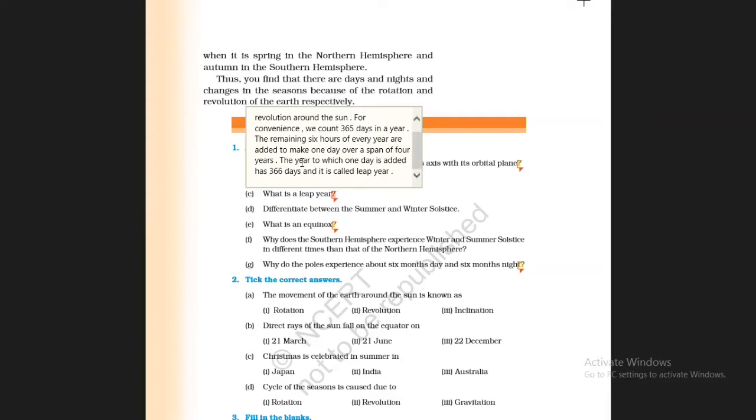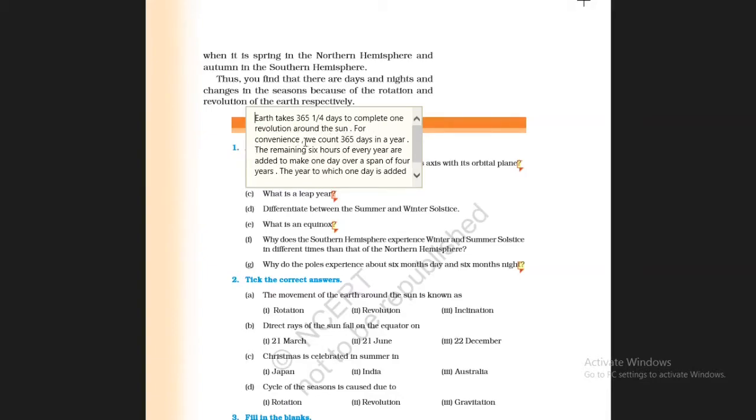So the years to which one day is added has 366 days and it is called a leap year. Once again, let me repeat the same answer. Earth takes 365 1/4 days to complete one revolution around the sun.